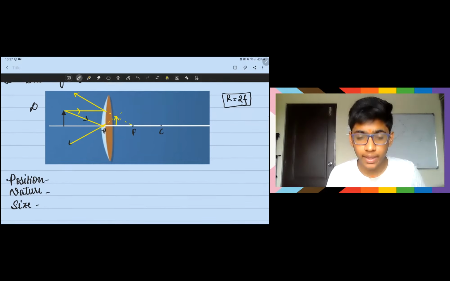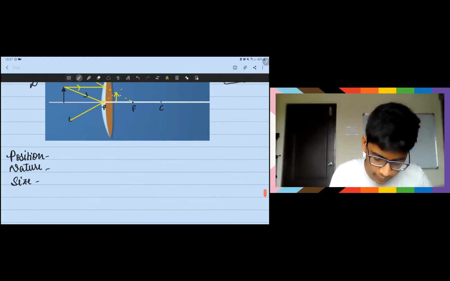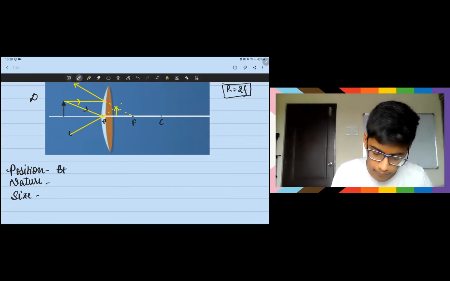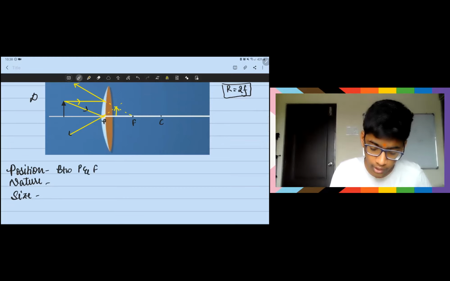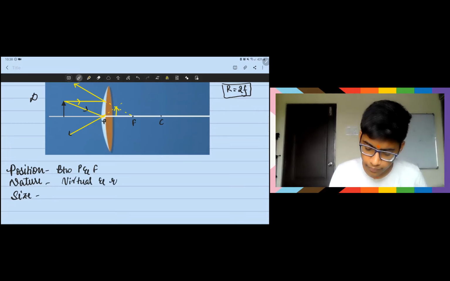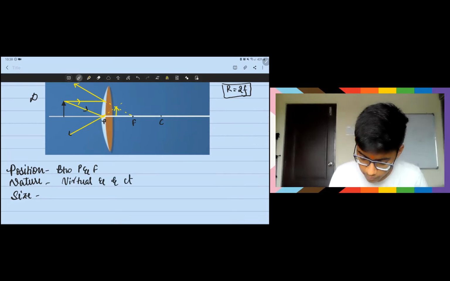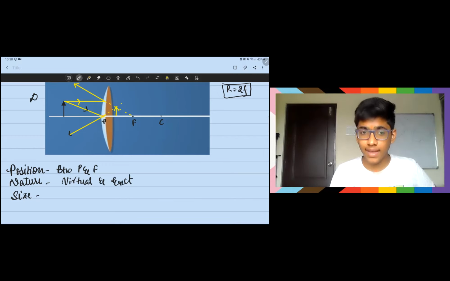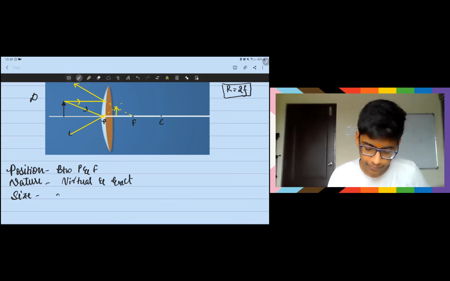Now, the position of the image is between pole and focus. The nature of the image is virtual because it is behind the mirror, virtual and erect, and size is diminished.